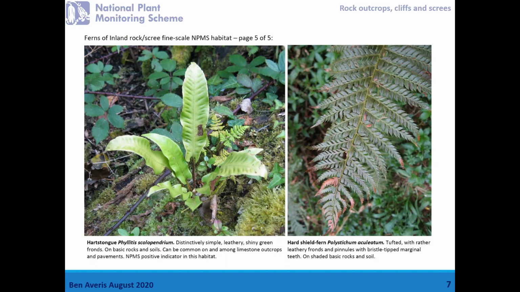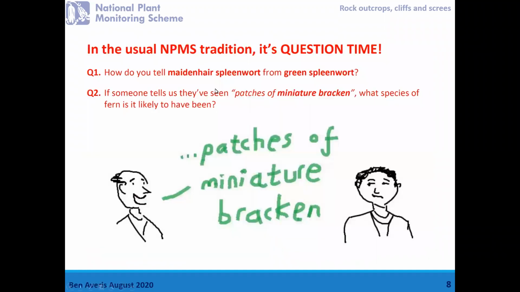Next slide, having gone through those five pages of pictures of ferns, as in some of these other presentations, we've had some questions, because I've been given to understand that that's what you folks like to have thrown at you.